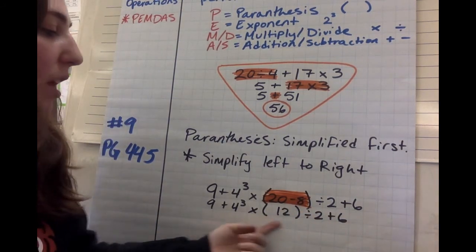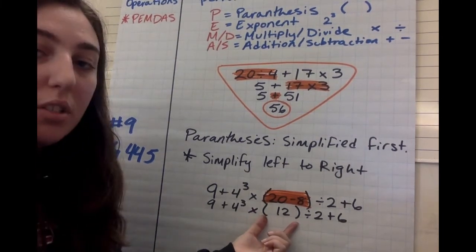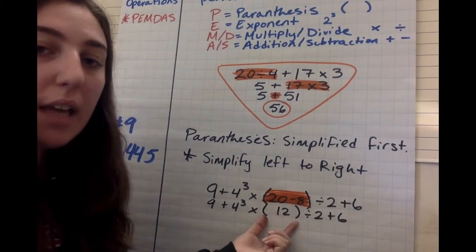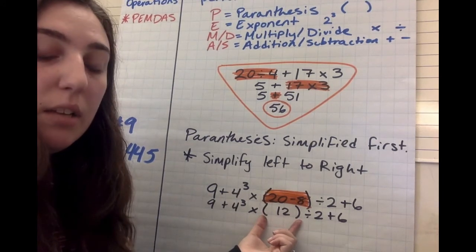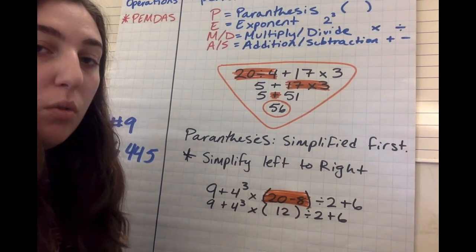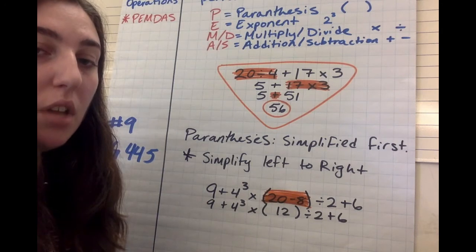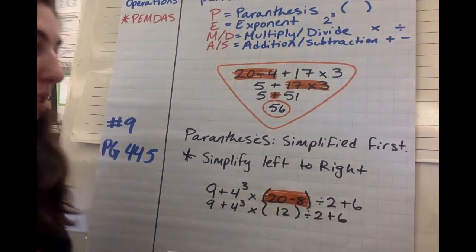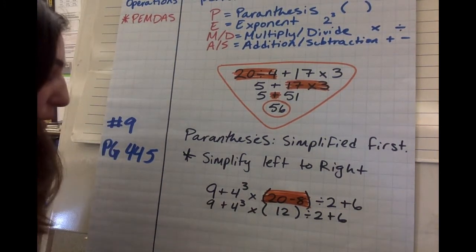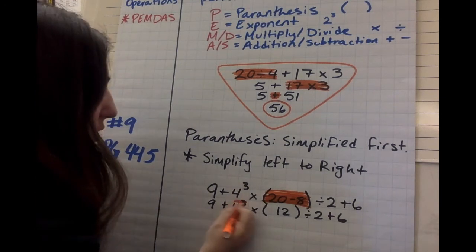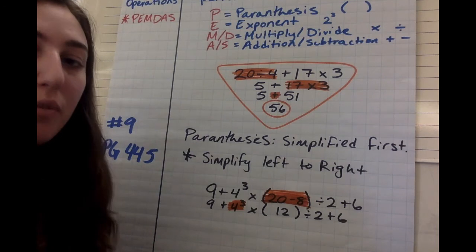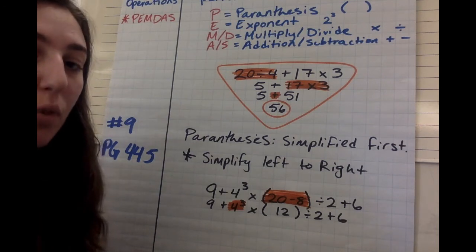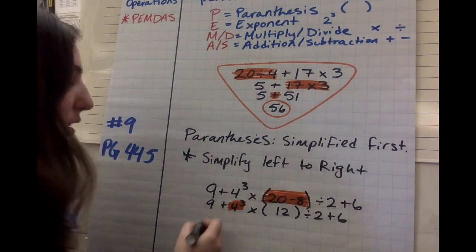Now that there are no more operations left in the parentheses, I can move on. I don't even need to write these parentheses anymore, and I can move on to the next step in the order of operations, which is dealing with exponents. I have an exponent right here. 4 cubed would be 4 times 4 times 4. 4 times 4 is 16, times 4 is 64.